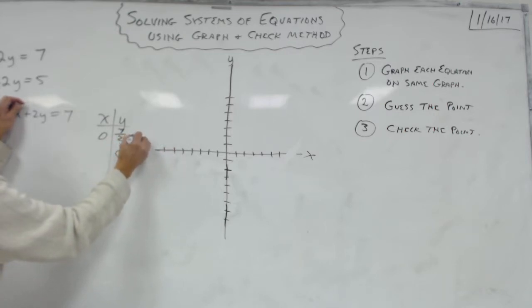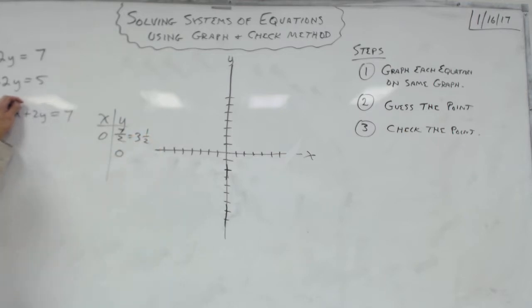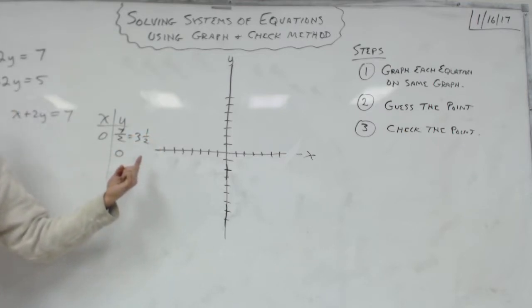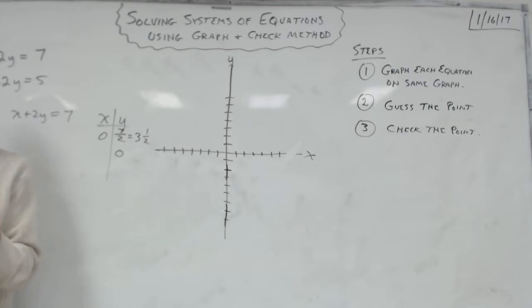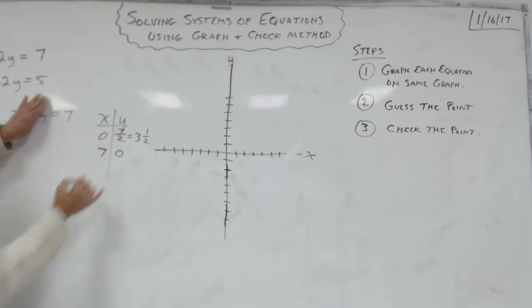So that's 3 and 1/2, 3.5. That's pretty easy, really, right? When you're talking about half, that's pretty easy to graph. It's hard when it's like 3/7. That would be hard. But 1/2 is pretty easy. Now let's try, when y is 0, x is 7, right? So let's plot them.